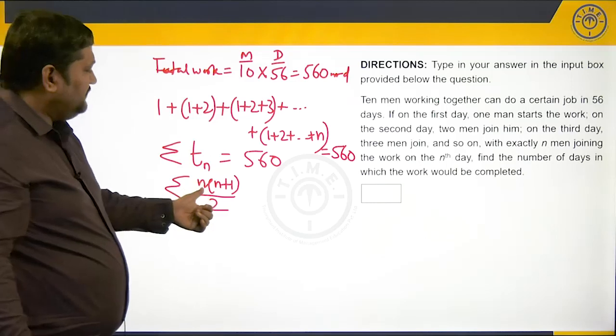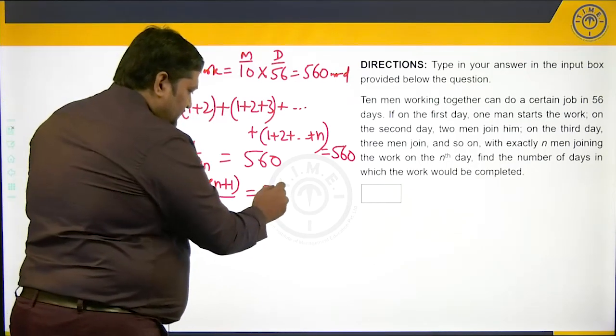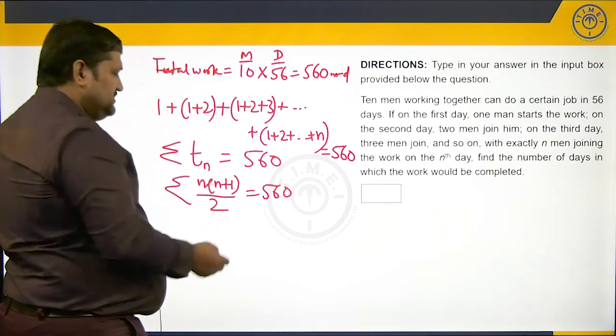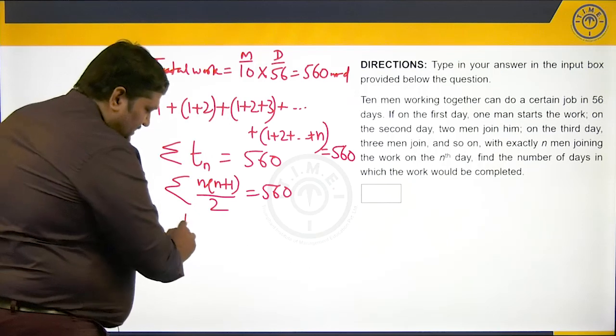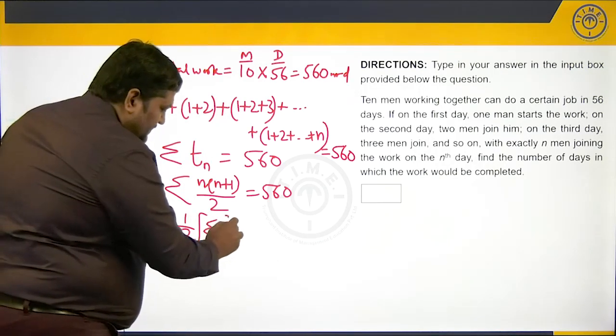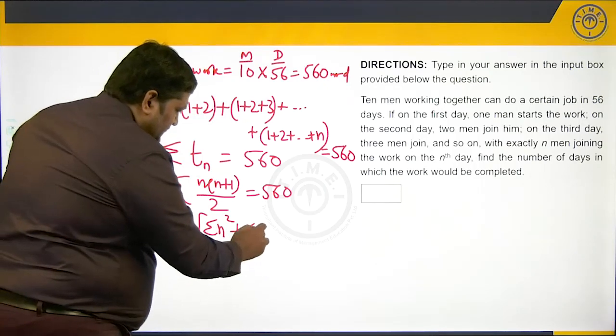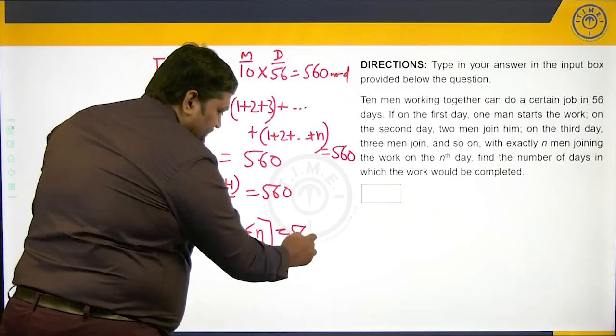So it is summation of n into n plus 1 by 2, which is equal to 560. And summation of n into n plus 1 by 2 is nothing but half times summation of n square plus summation of n, and that is equal to 560.